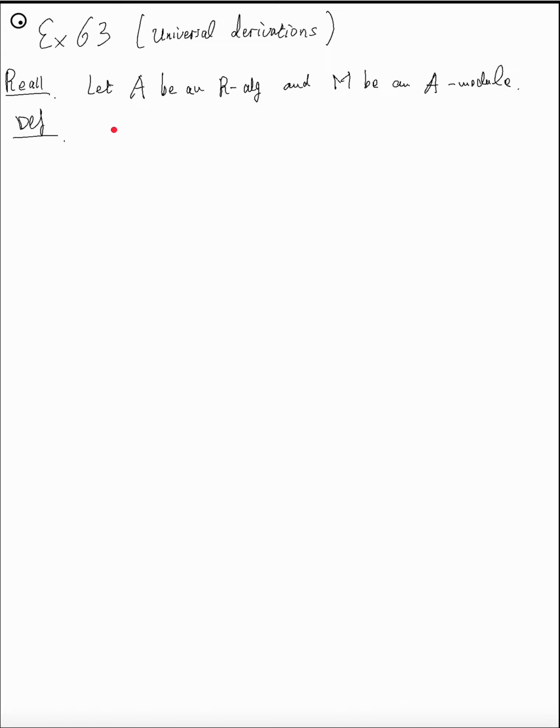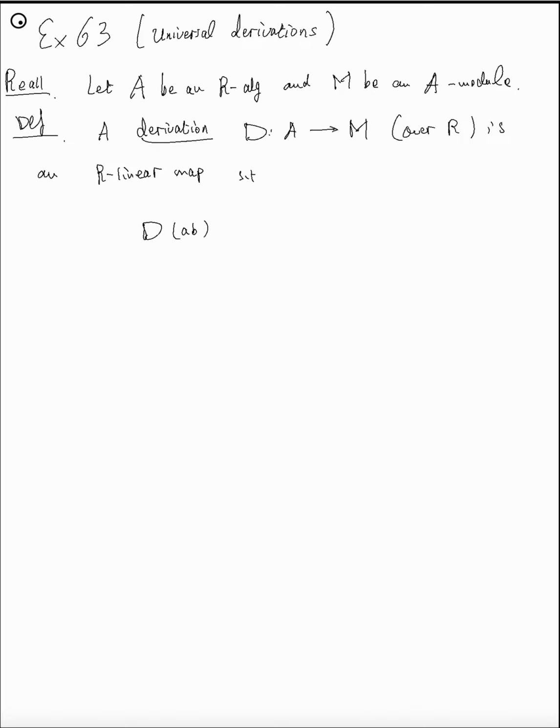By a derivation from A to M over the base ring R is an R linear map. It's not A linear, but R linear map, such that D of AB equals A of DB plus B of DA.